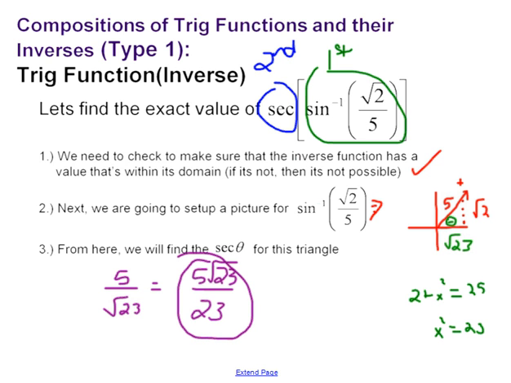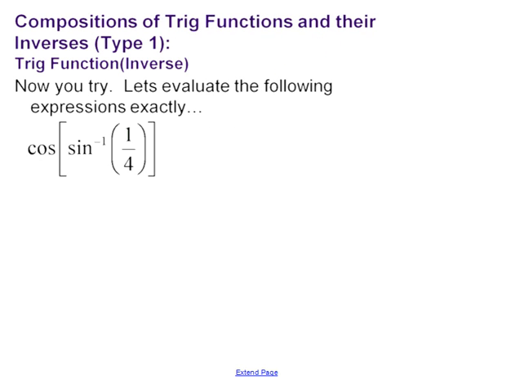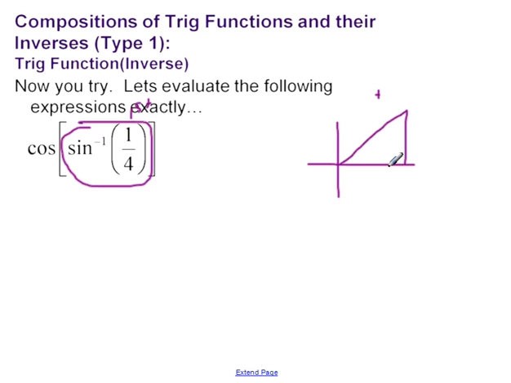So let's try another one. Alright, so once again, take a second, pause the video, write this down. Just remember that part has to be done first. So I need to figure that out. Let's see. So we set up our picture. Sine inverse gives us a positive angle measure in quadrant 1.